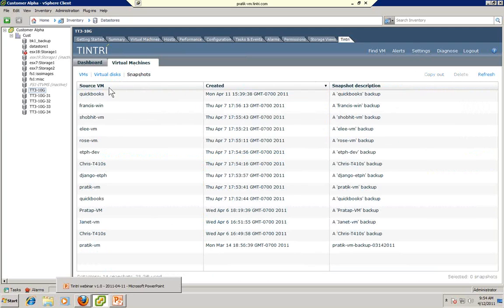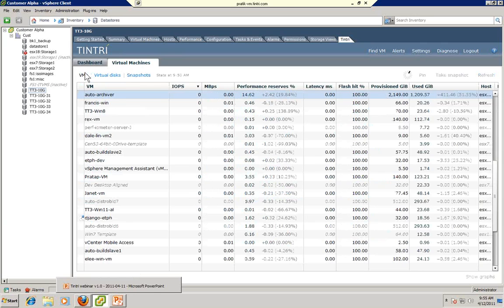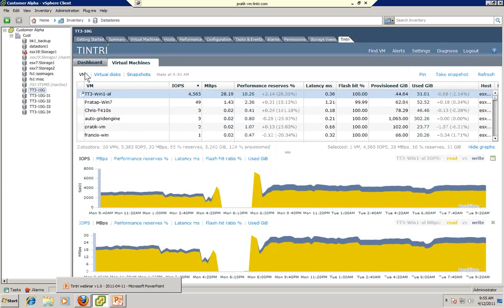You can see here that we have snapshots that are currently available. You can take them anytime you want. They're pretty fast to take. Once they're taken, you can then essentially instantiate a snapshot, import it back into vCenter, and power up the VM. So does taking a snapshot have a performance impact? Nope. Okay. All right, cool.